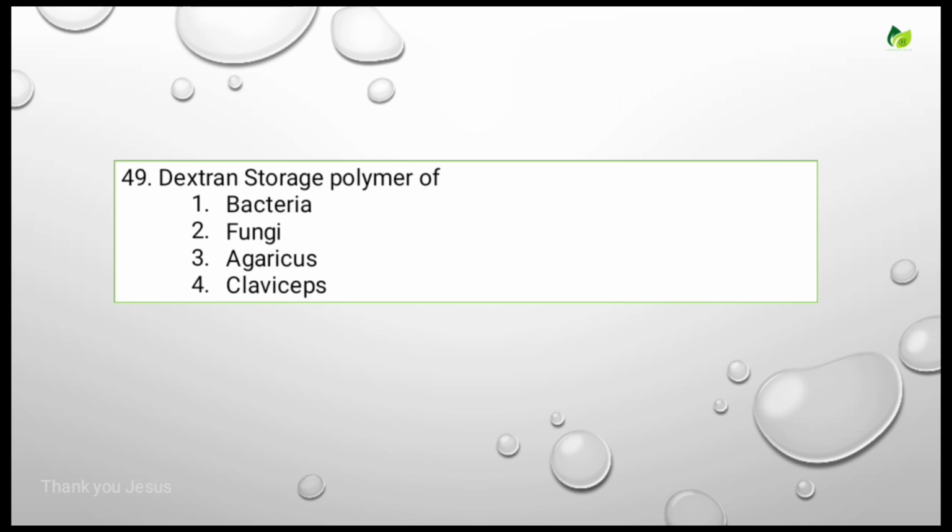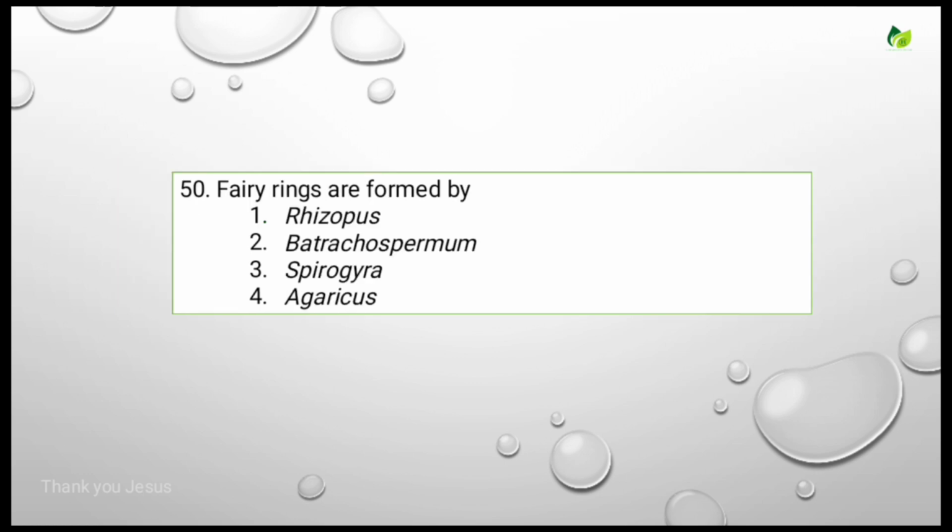Dextran is a storage polymer of. Options are bacteria, fungi, Agaricus, Claviceps. Correct answer is bacteria. Let's see the next question. Fairy rings are formed by. Options are Rhizopus, Batrachospermum, Spirogyra, Agaricus. The correct answer is Agaricus. Okay, thank you.